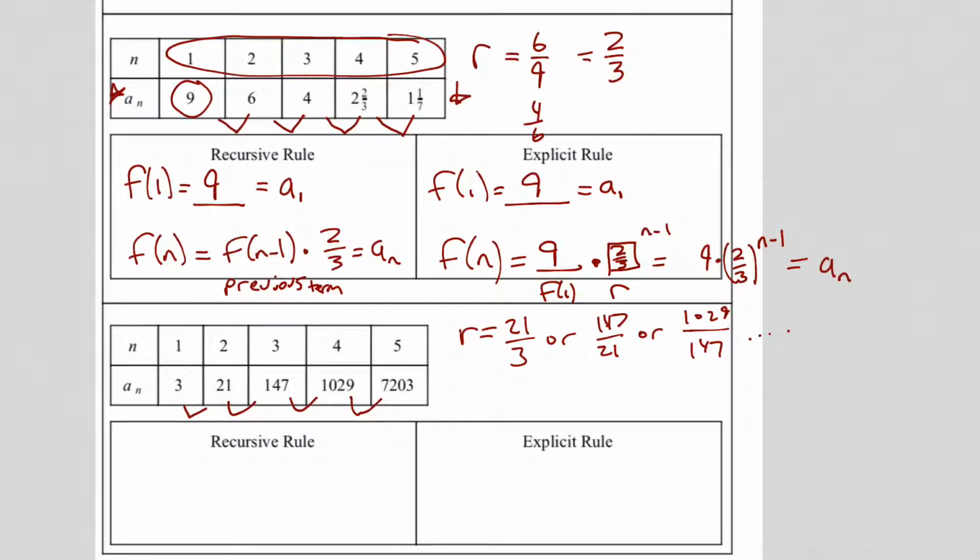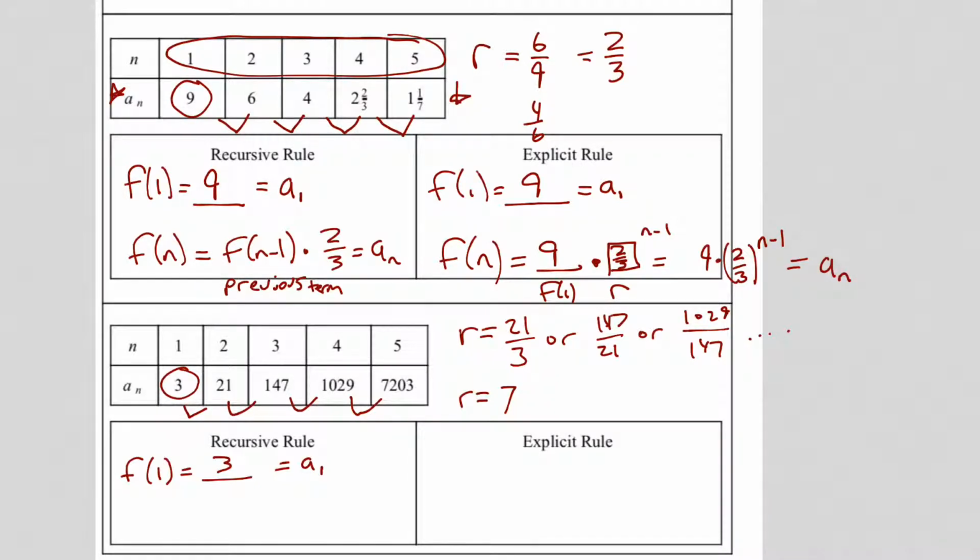And so 21 divided by 3, the common ratio, therefore, is 7. So now that we know r, we have to find f of 1. And we also know that's the same as a sub 1. So the first number in the list of numbers is 3.